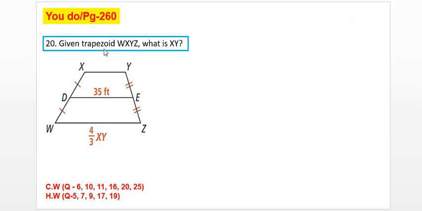Here is the next question. It says, find how much is XY. When I look at the line segment XY, this is not actually the mid segment. The mid segment is this one, but we have only one formula to find the measurements of these sides, that is the mid segment formula. So DE equals half of both these bases, XY and WZ.